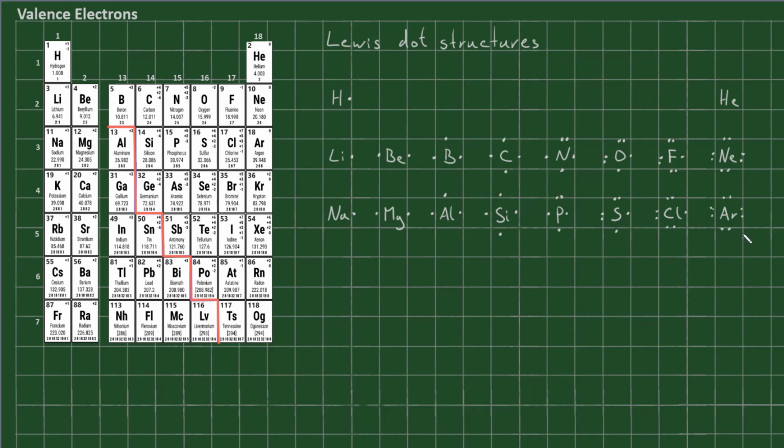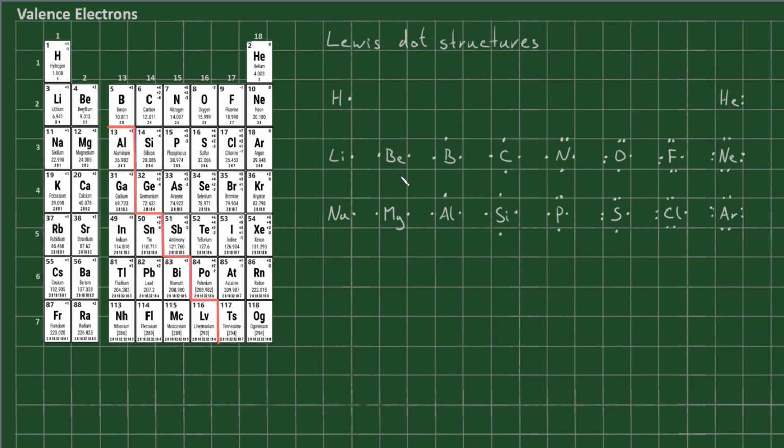Okay, so what is the deal with helium? Well, helium has 2 electrons. However, they are not unpaired. These 2 electrons pair up. So note the difference between the 2 valence electrons of helium and the 2 valence electrons of the group 2 elements.